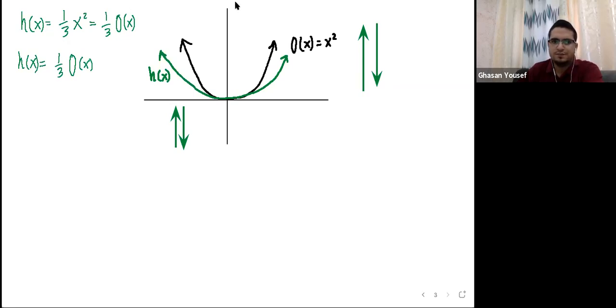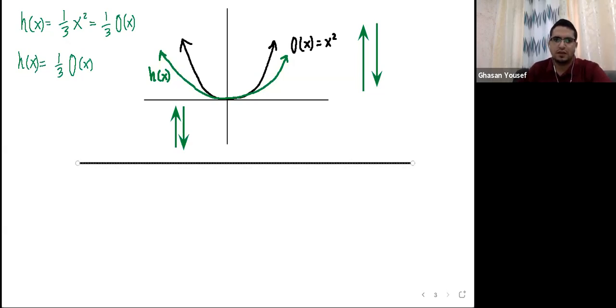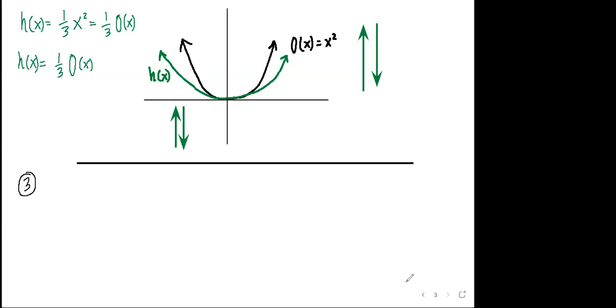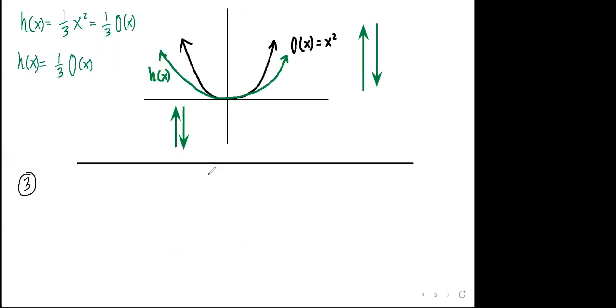Any question? Any question for this? Yes, I have a question. Is it always that both equations are going to be equal to each other, or are they ever going to be different?